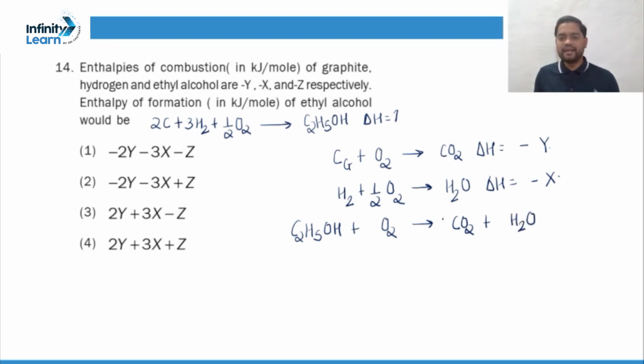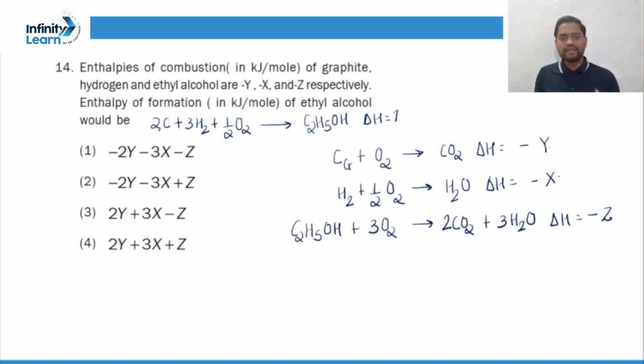To balance it, I require 2 carbon over here. There are 6 hydrogen, so I require 3. That totals 2 to the 4 and 7 oxygen. Out of 7 oxygen, 1 oxygen is over here, which means 3 oxygen. And the delta H value over here is minus Z.